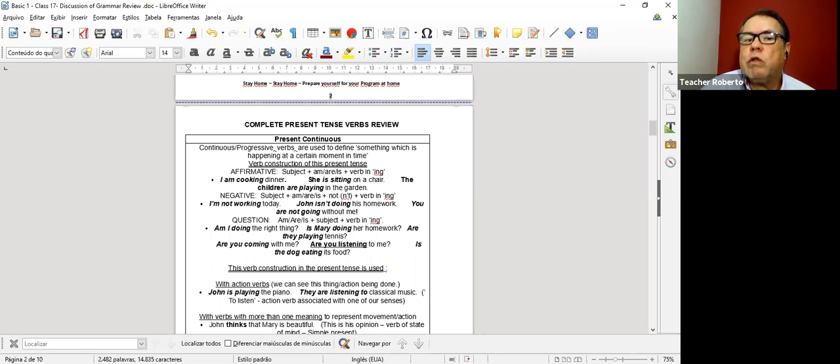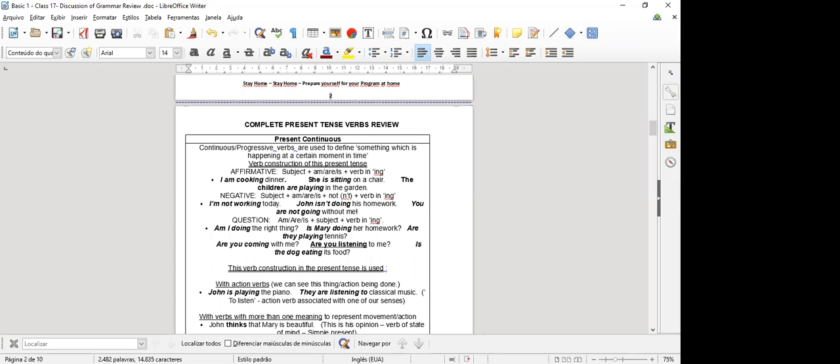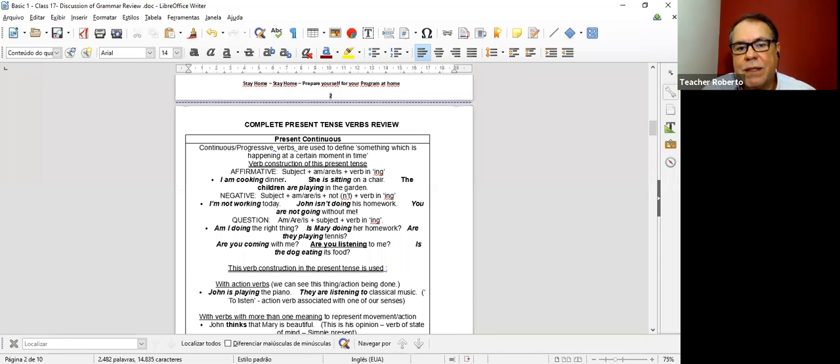The present continuous is formed using the verb to be, always, like I am, you are, he is, she is, it is, we are, you are, and they are. And I use another verb adding the suffix ing, okay?